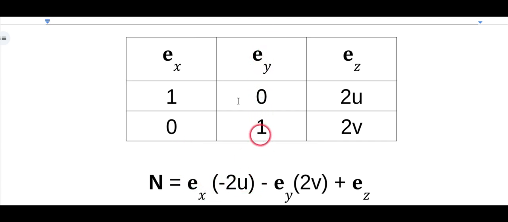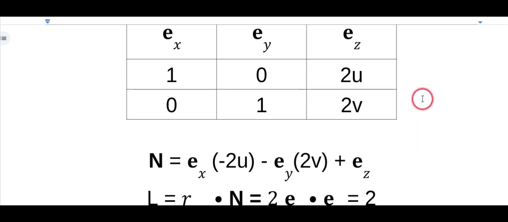Block out this column and this row. Write down a negative, wicked important. It's the determinant of this matrix, 1 times 2v minus 2u times 0, just minus, so we got the minus there, 2v. The last one, you block out this, and this will give you your ez component. It's just 1 times 1 minus 0, just 1. Okay, so now we got our normal.